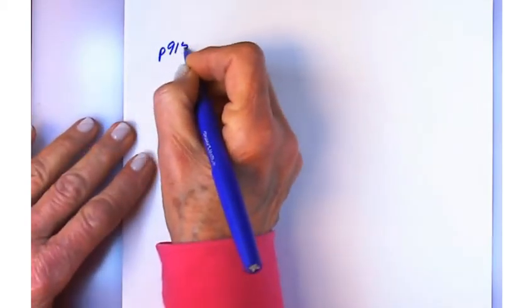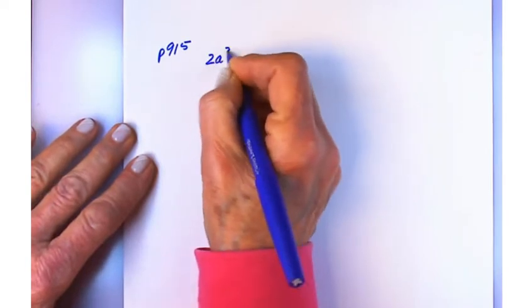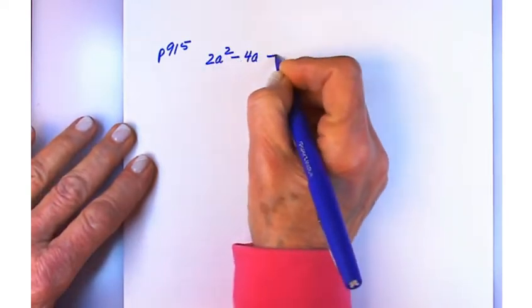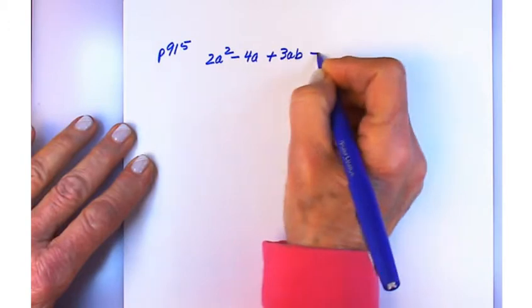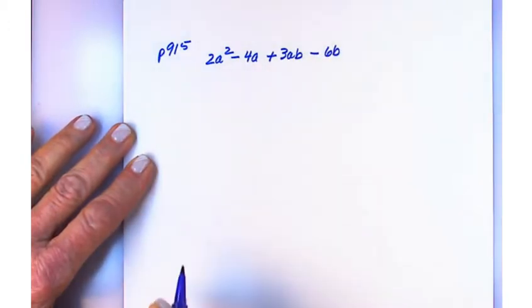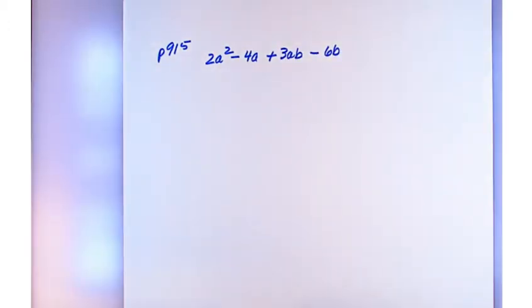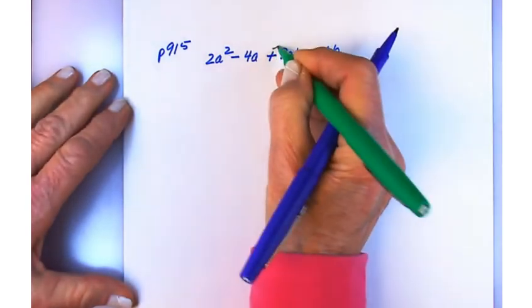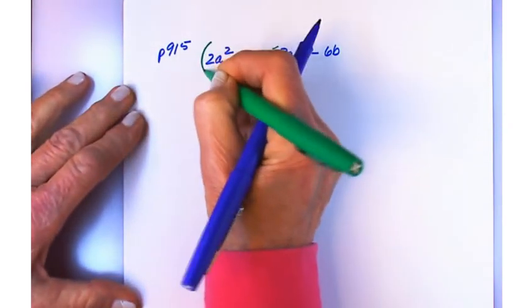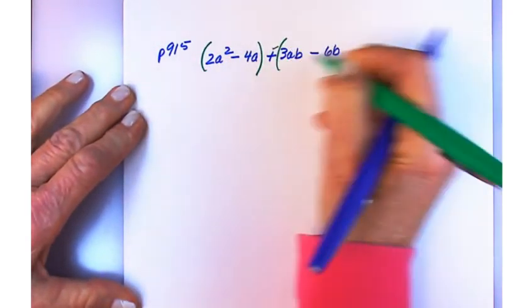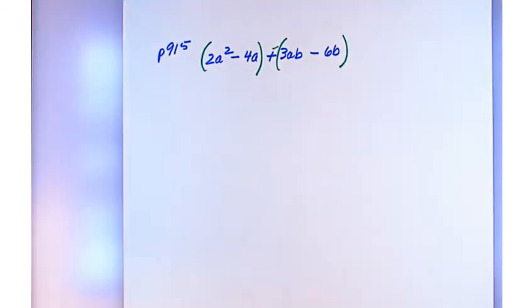Okay, sticking on page 915, we have 2a squared minus 4a plus 3ab minus 6b. So we look here, this is positive, so I'm going to group the first two, and I'm going to group the second two.